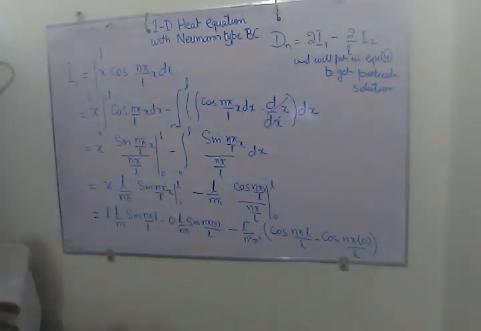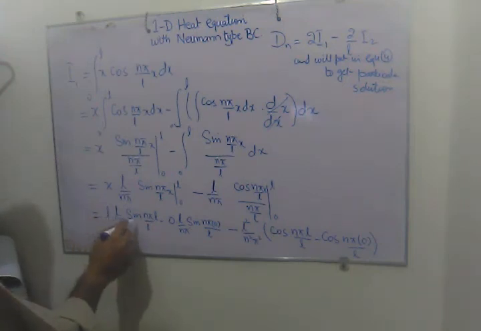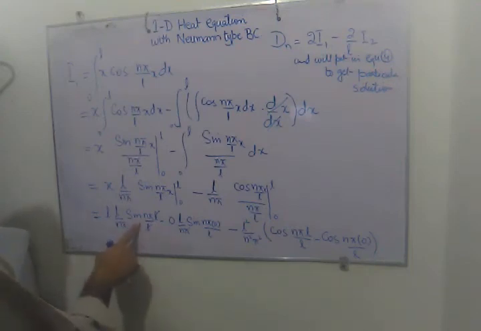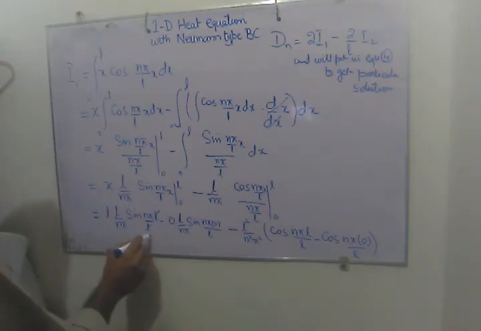So here we can see that when we cancel out this L, it will remain as sine n pi, and sine n pi is always 0. So this whole portion becomes 0.